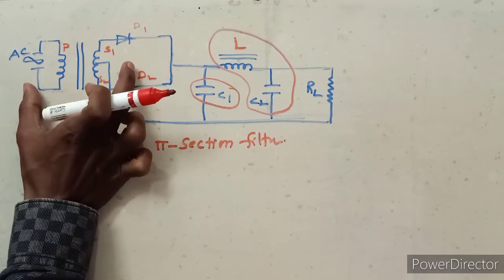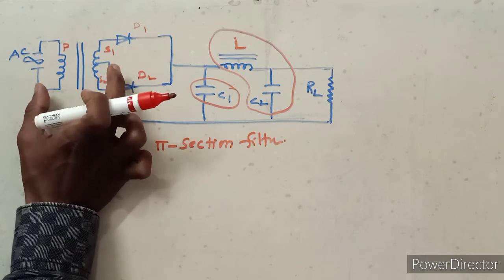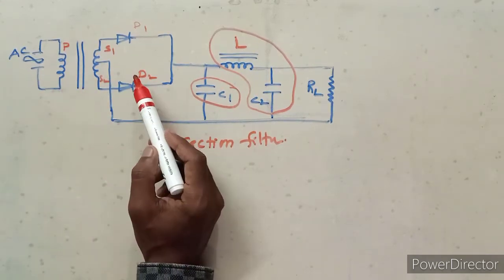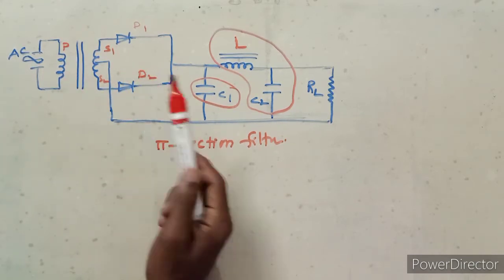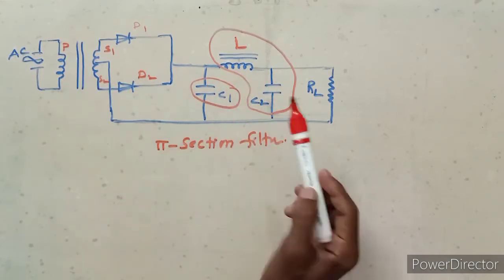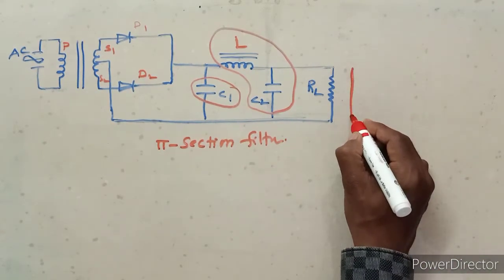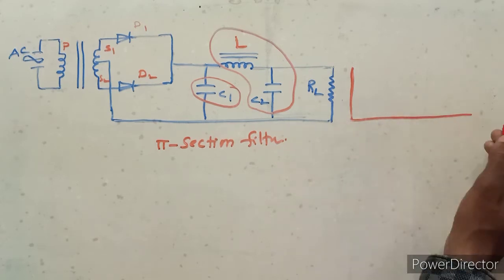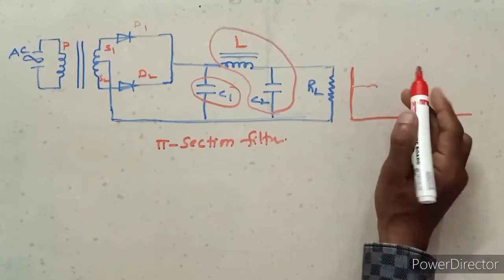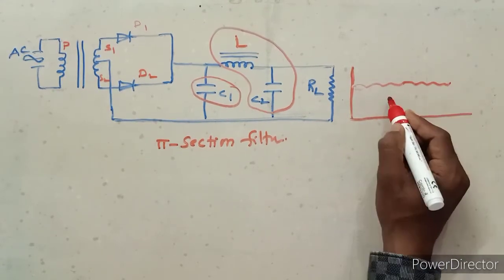The full wave rectifier produces pulsating DC, that is, AC components along with DC. When that is filtered in this way, the output is filtered, pure DC.